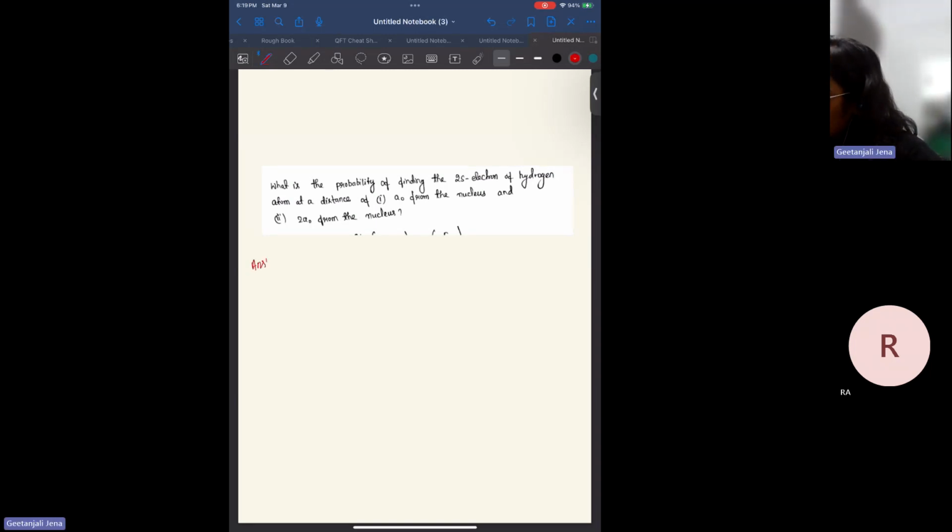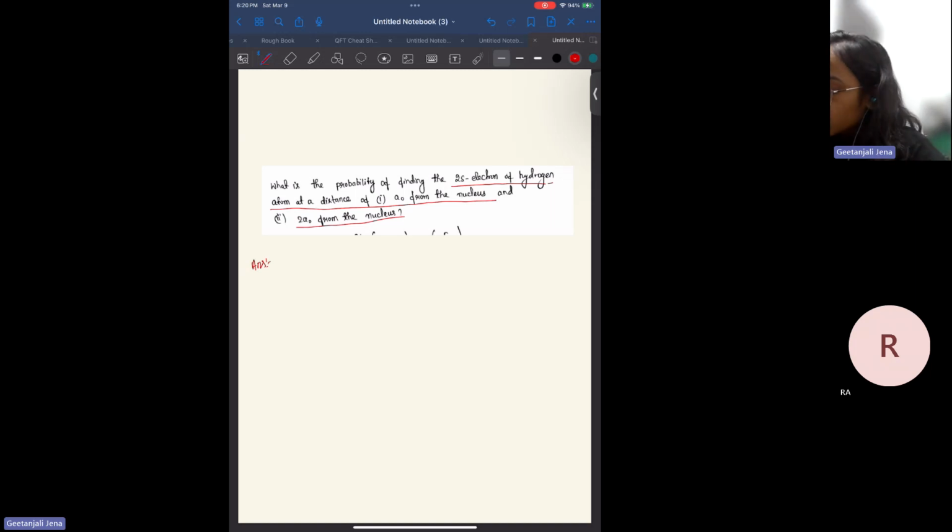So in this problem, it is asking what is the probability of finding the 2s electron of hydrogen atom at a distance of a0 from the nucleus and at a distance of 2a0 from the nucleus.